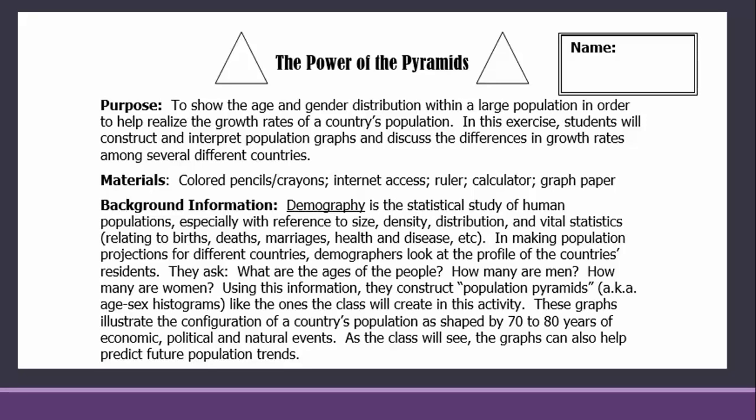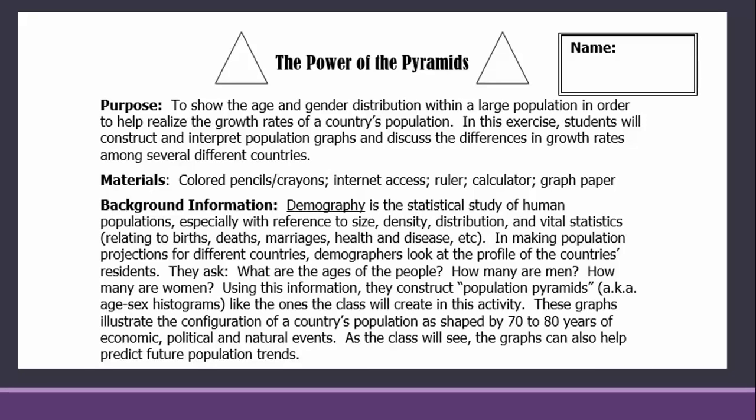So the purpose of this lab, as you can see, is to show the age and gender distribution within a large population in order to help realize the growth rates of a country's population and see what kinds of things may wind up happening in the future based on current population demographics. When you're dealing with population pyramids, you're really creating histograms, and the histograms are stacked in the form of a pyramid.